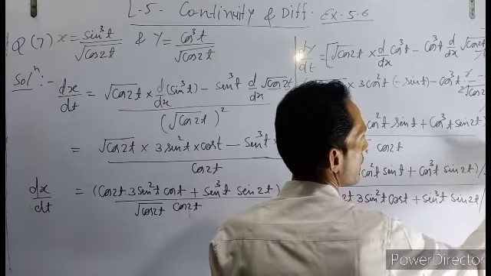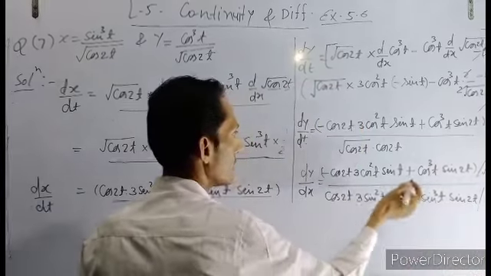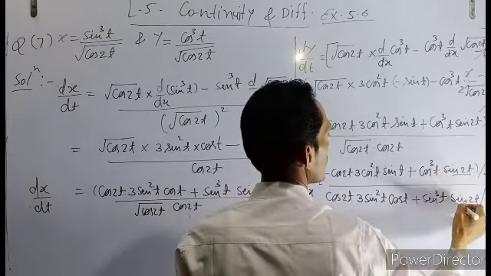This whole quantity will be cancelled out, and now put the value of this one.